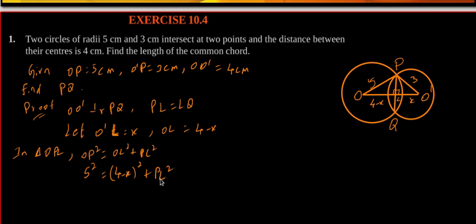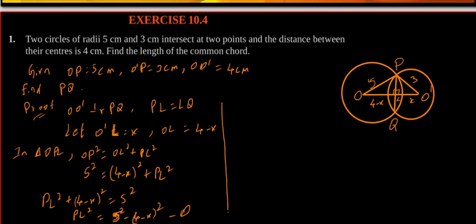PL is the only unknown, so let us bring it to the left hand side: PL square plus 4 minus X the whole square equal to 5 square. So PL square equal to 5 square minus 4 minus X the whole square. Let me keep this as equation 1.